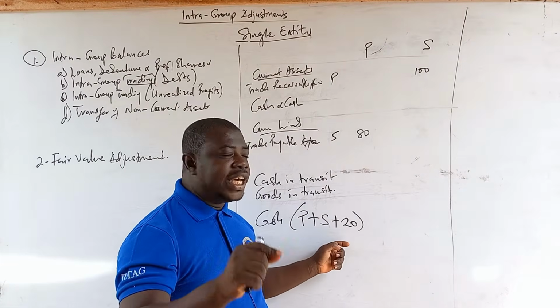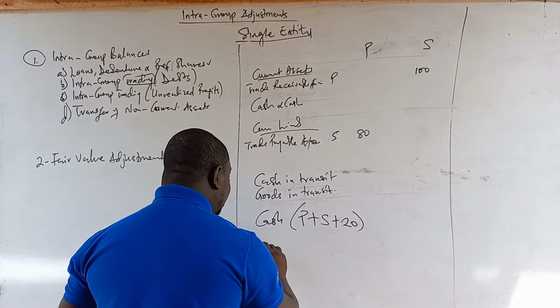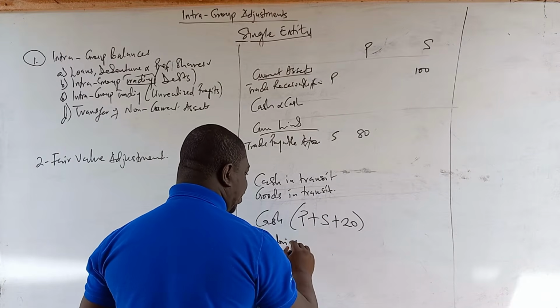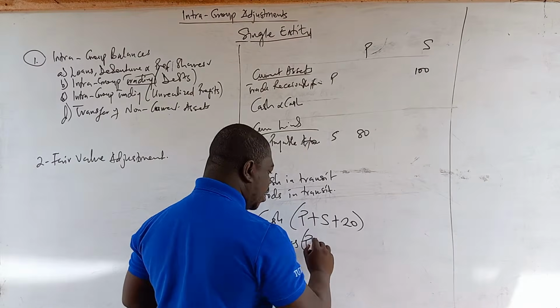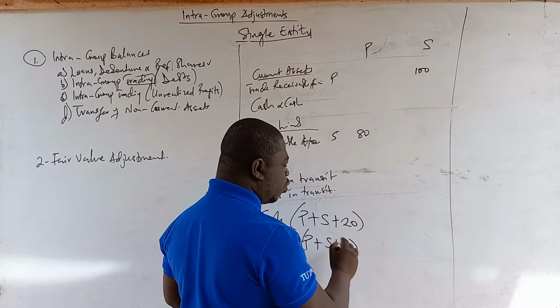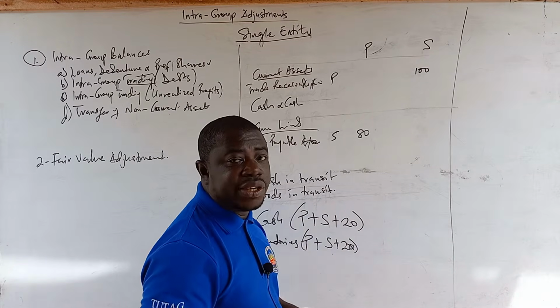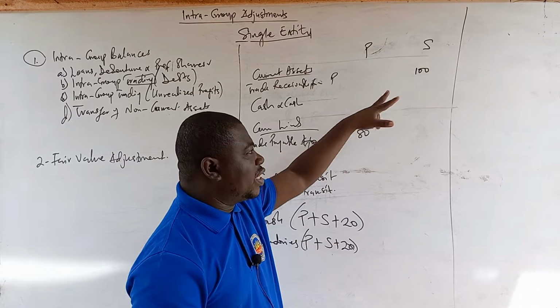Because it is goods, it will be added to inventories. And so when we are consolidating, when we get to the inventories under the current assets, we'll bring the inventory of the parent plus the inventory of the subsidiary plus the 20, which will be the goods or the stock in transit. So that is how to deal with intra-group debts that are not in agreement.